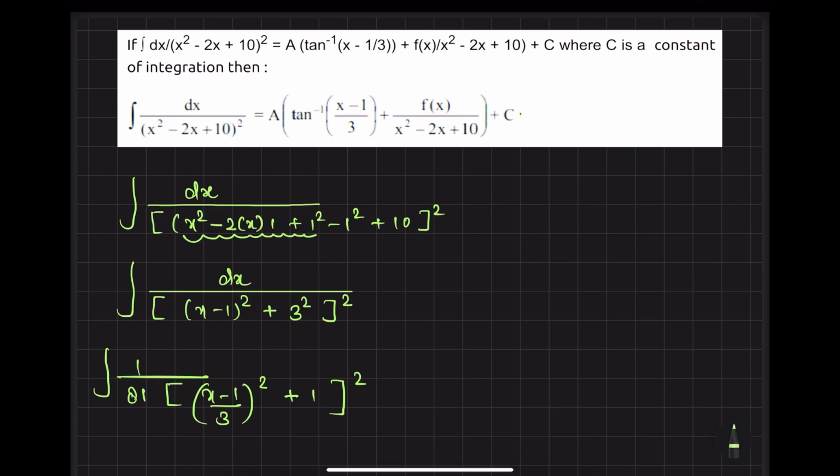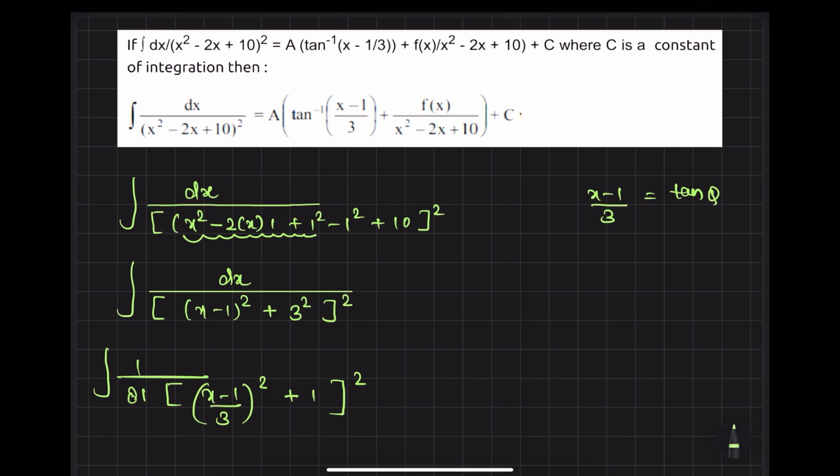Now what I will do, you remember that over there we had taken tan as z? So look at this. If you write this element as tan, you will have tan² theta plus 1. tan² theta plus 1 will become sec² theta, and hopefully we can handle. So I will take (x − 1)/3 as tan theta. Now do the differentiation.